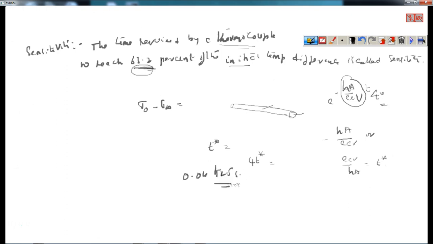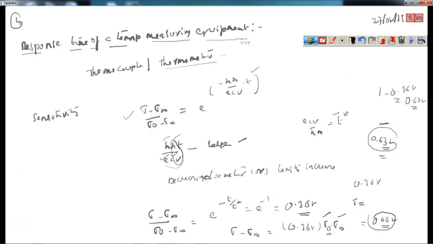Okay, this is the case I wanted to talk about, the response time of a temperature measuring instrument. Normally the temperature measuring instrument is a thermocouple or thermometer, and how quickly it attains equilibrium with the system.